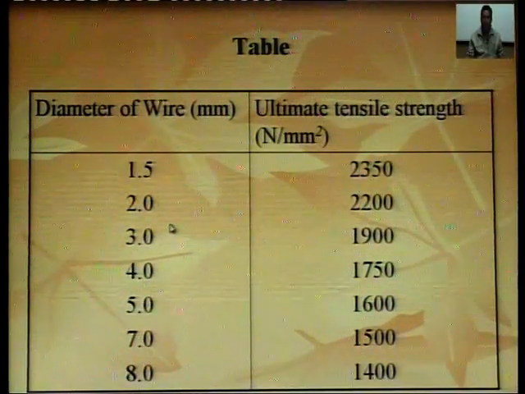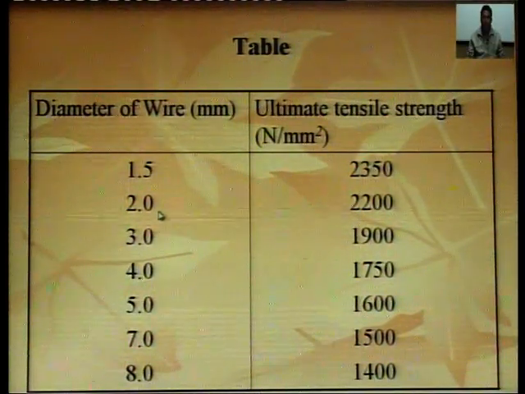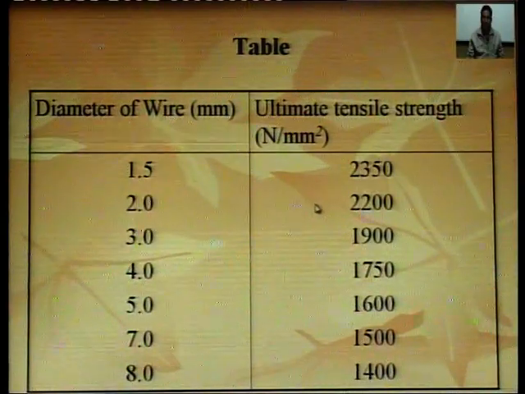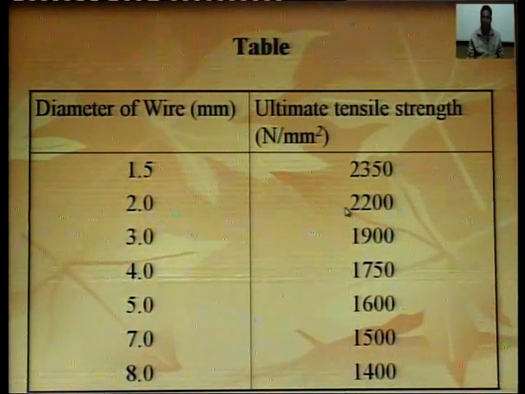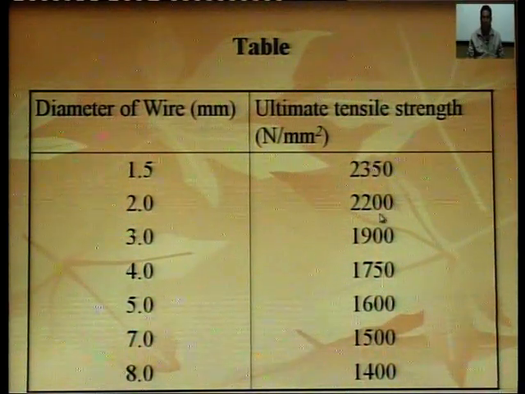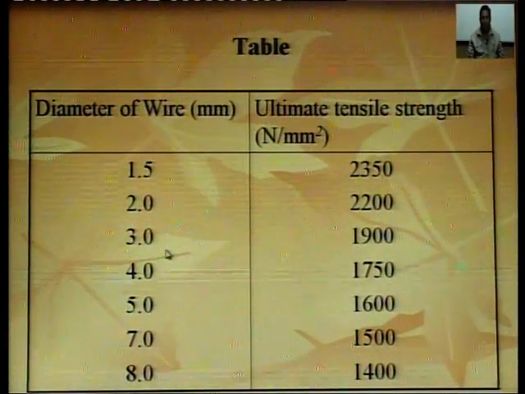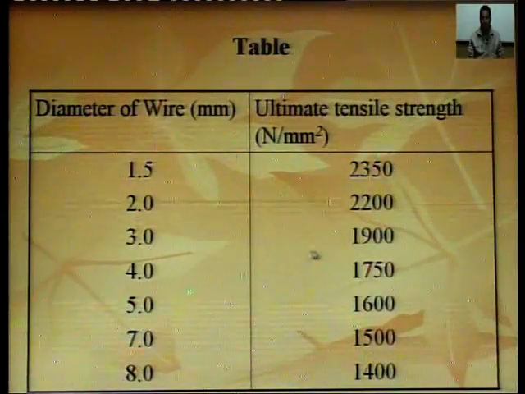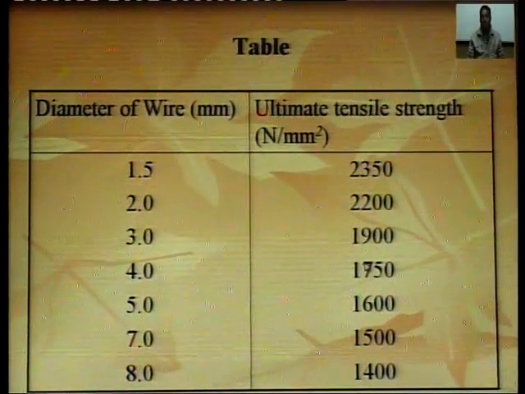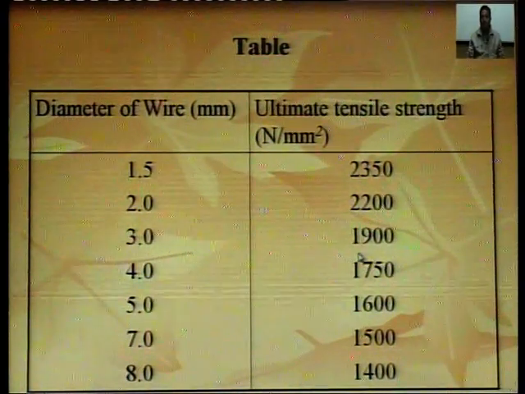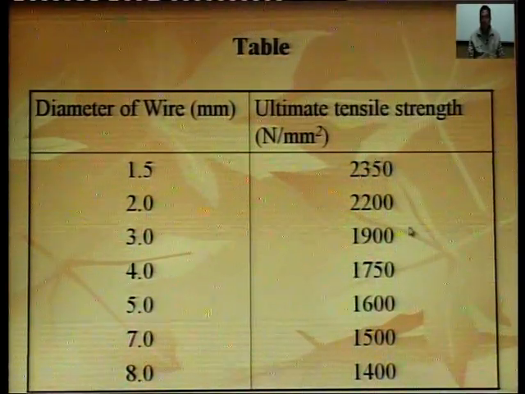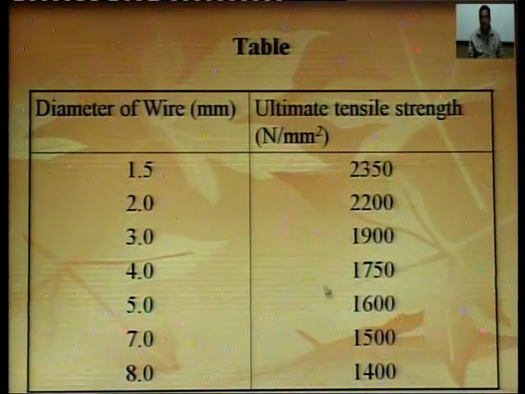If the diameter of the tendon wire is 2 mm, then the ultimate tensile strength is 2200 Newton per square mm. If the diameter is 3 mm, then the ultimate tensile strength is 1900 Newton per square mm, and so on.